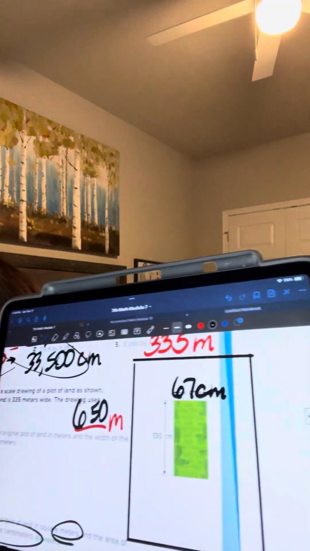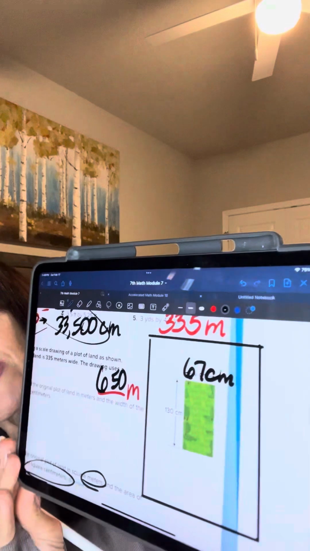So for the area of your scaled version, you would use the length that you already had there, 130 centimeters, multiply that by the width that you found of 67 centimeters, and then remember to write that area as centimeters squared. Okay?